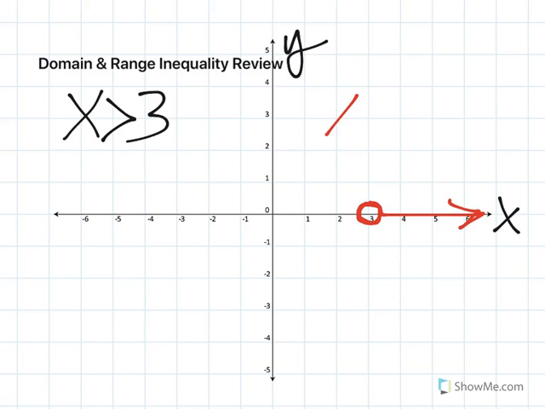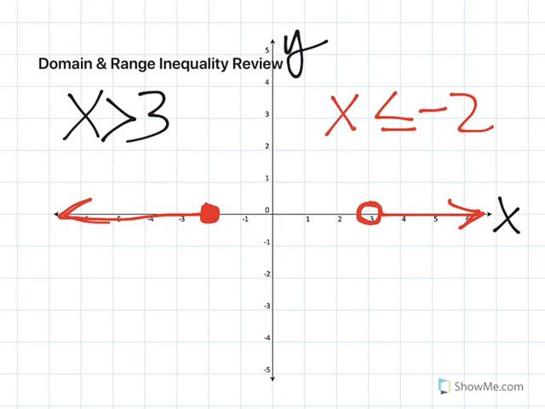If I said x is less than or equal to -2, then I go to -2. It's less than, so it goes this way. But because of that equal sign, I can fill in the circle because it can equal -2. Okay? Remember that? That's something you should have learned in the last couple of grades or so.